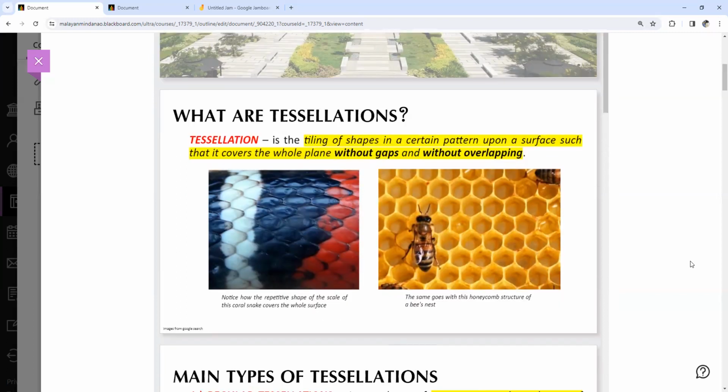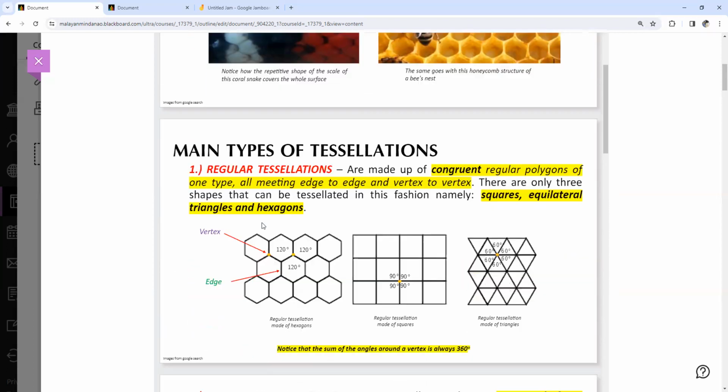And in nature, you see that a lot, this pattern as well. You see it in the honeycombs. You see that the honeycombs have hexagonal shapes that are not overlapping and that there are no gaps between. Also, you see a tessellation in the scales of certain animals, and in this case, a coral snake.